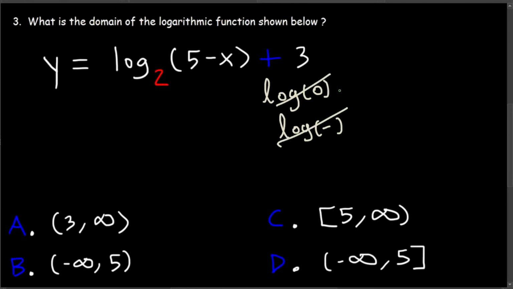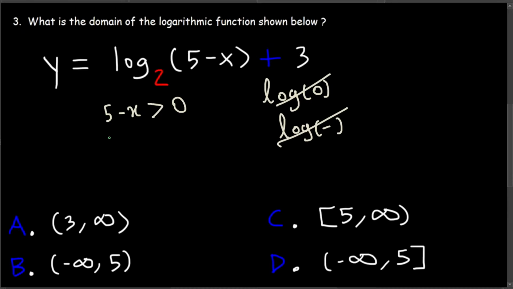These two conditions are true for all logarithmic equations. So based on this information, we can say 5 minus x is greater than 0, because it cannot be 0 and it cannot be negative, so it should be greater than 0.